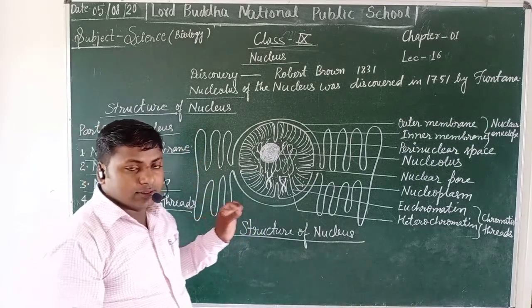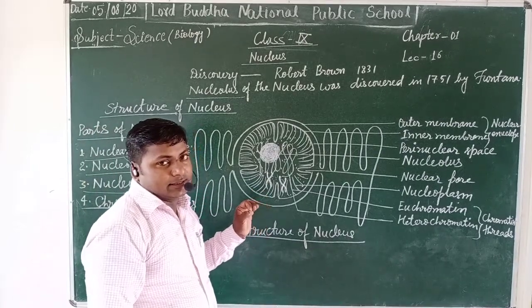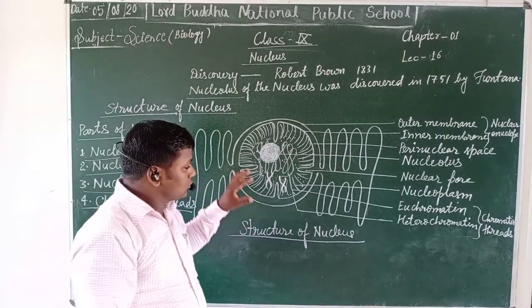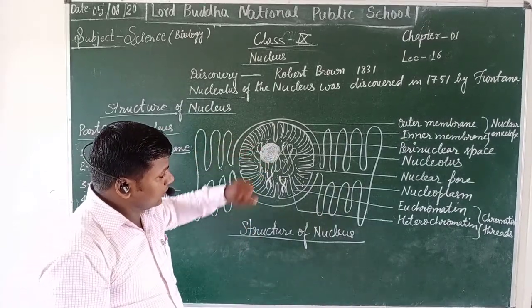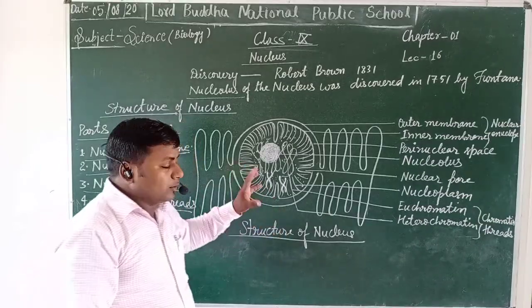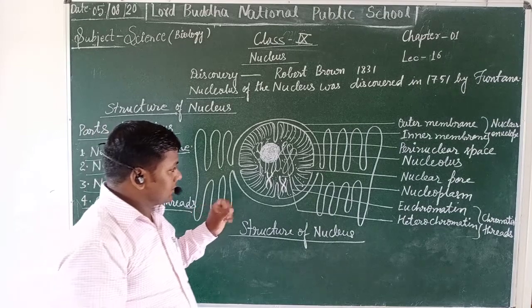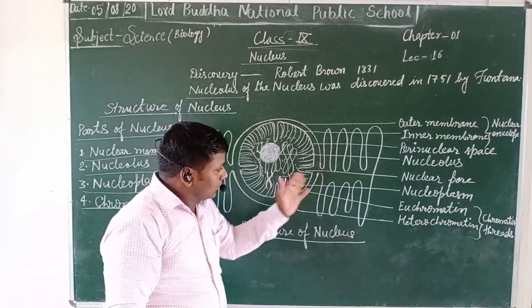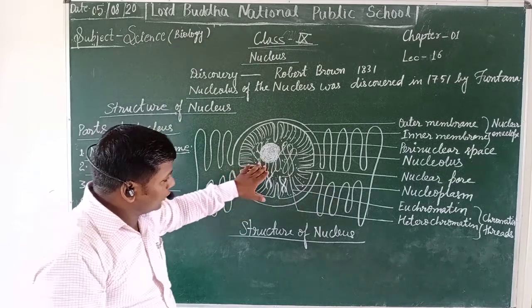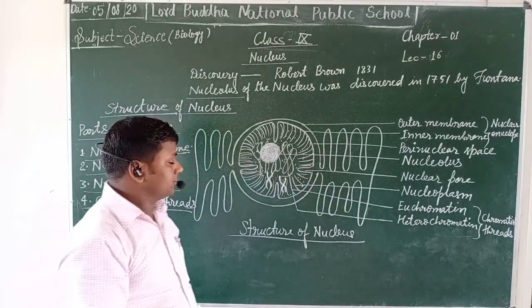Besides it, essential ions like copper, zinc, cobalt are also present in the nucleoplasm that act as membrane potentials to maintain the exchange of matter between the nucleoplasm and cytoplasm.